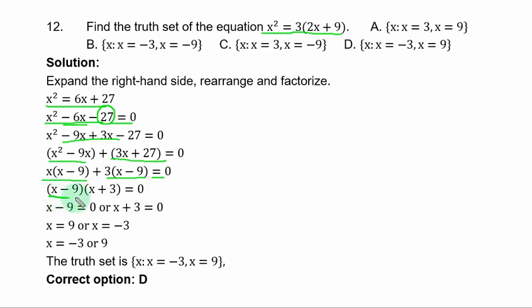If you take it out, you are left with s plus 3 that will form the other term, and you equate it to 0. It follows that s minus 9 is equal to 0, or s plus 3 is equal to 0. If you transfer the respective constant terms, you have s equal to 9 or s equal to minus 3. That is, s is equal to minus 3 or 9. The truth set is option D.